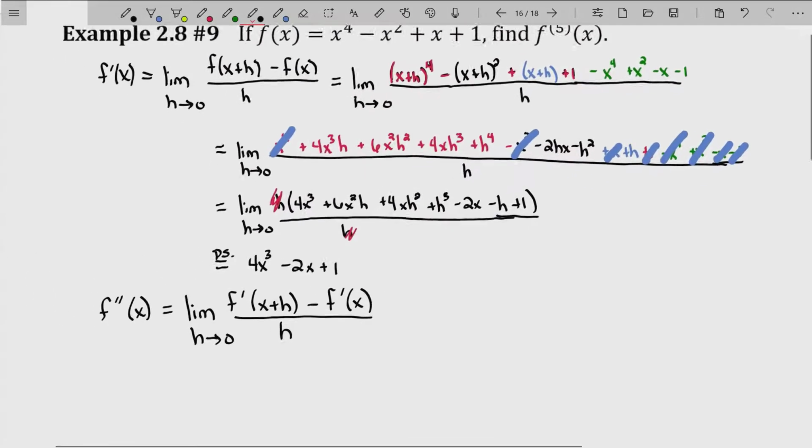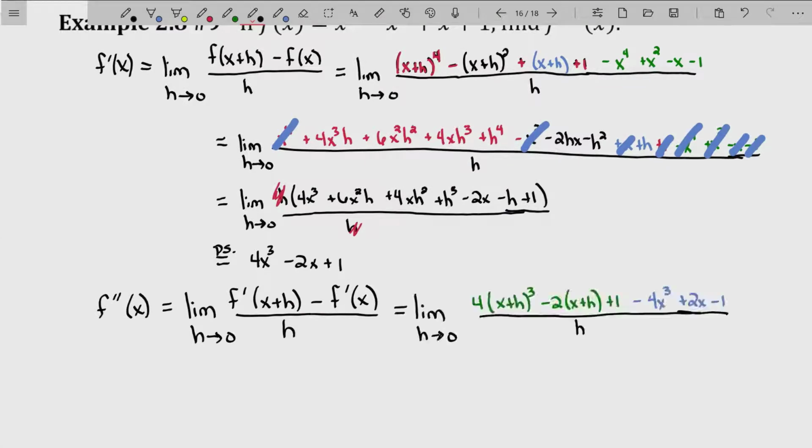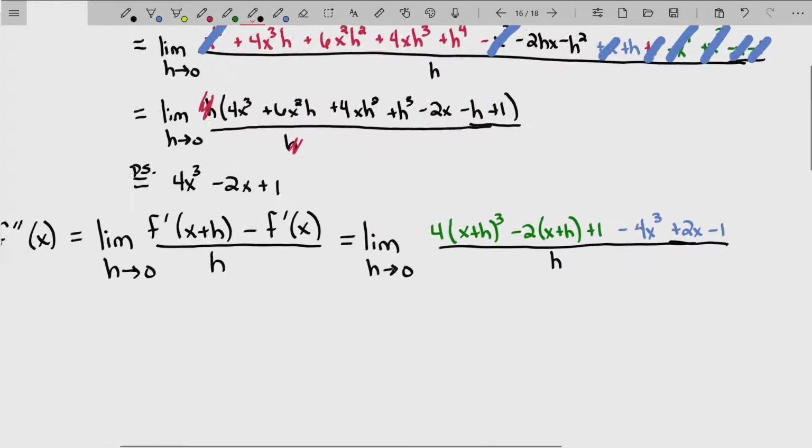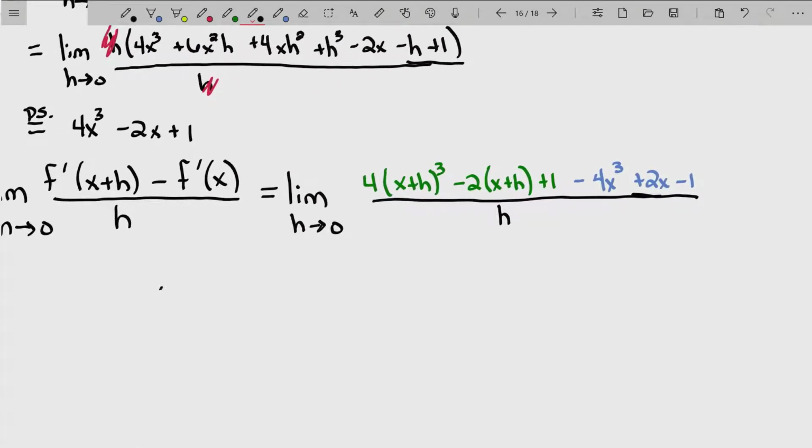So let's go ahead and plug this in. So again, in green is our function, our first derivative evaluated at x plus h. In blue is the first derivative just evaluated at x. We're now going to go ahead and expand those. Again, I'll just quickly use Pascal's triangle here to do that. That's the limit as h goes to 0 and a big old fraction bar.